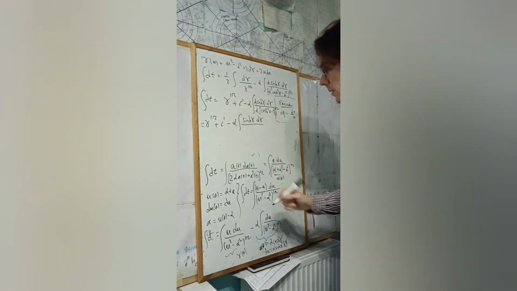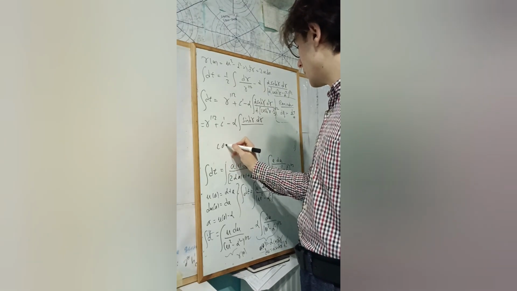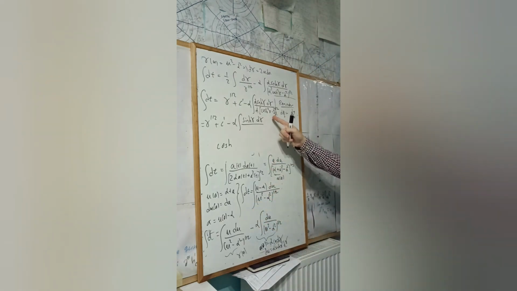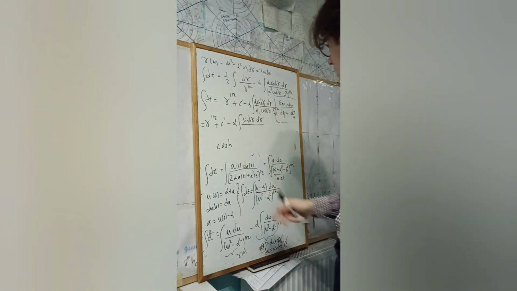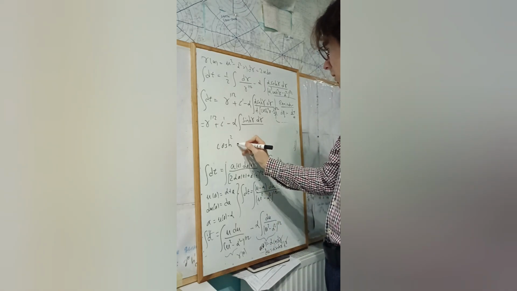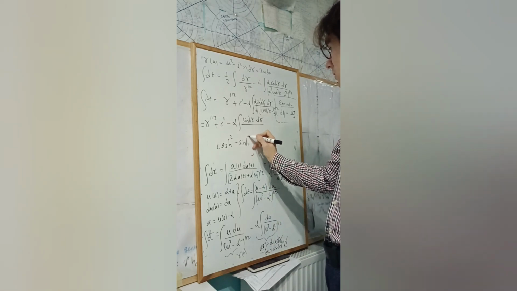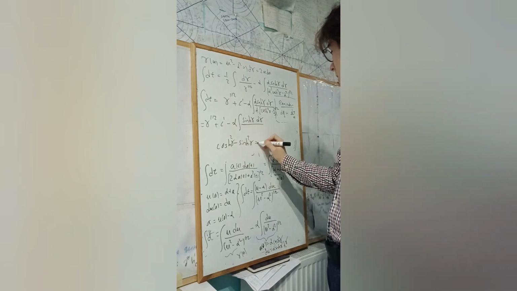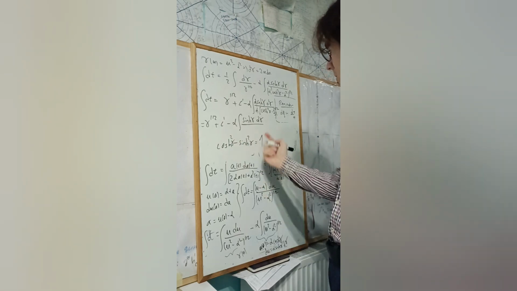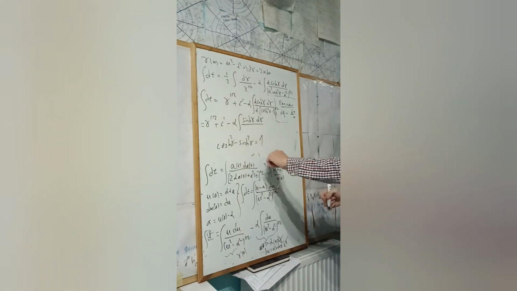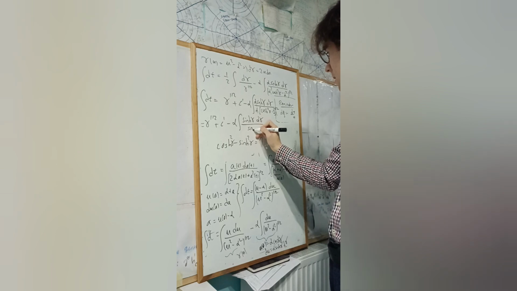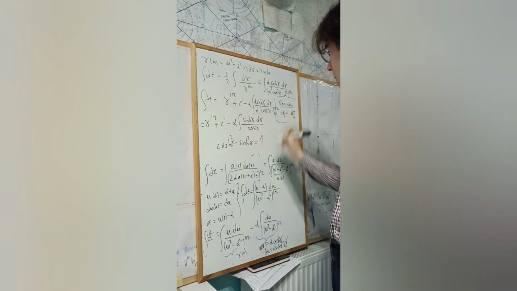Here we can use this identity for hyperbolic functions. So this is actually cosh squared minus sinh squared equals 1. So it can be seen that if you take the left hand side, here is sinh gamma.